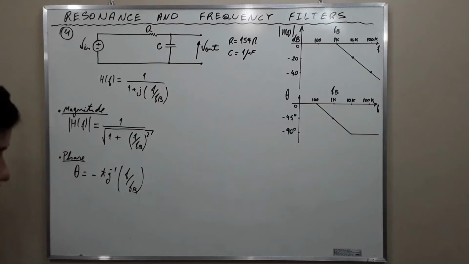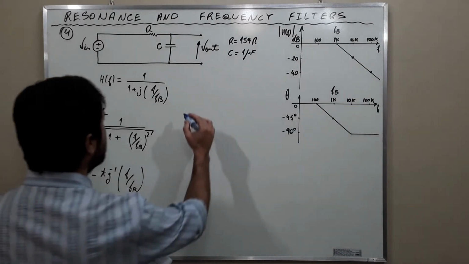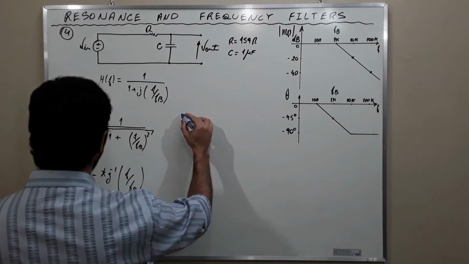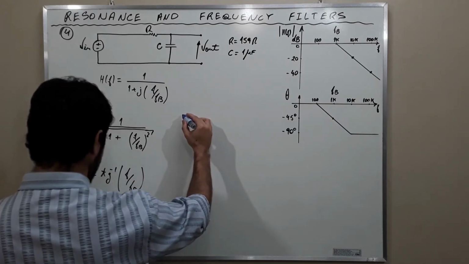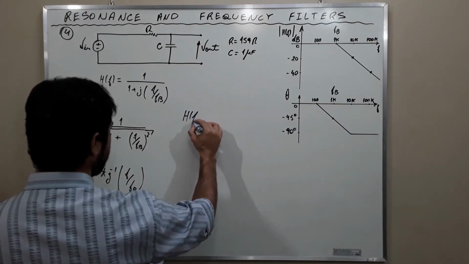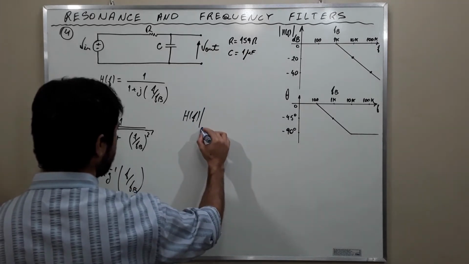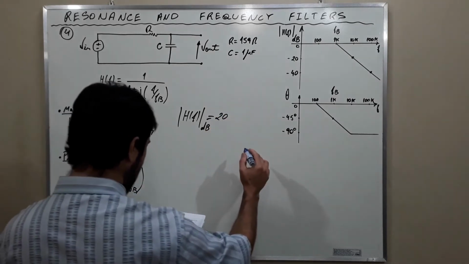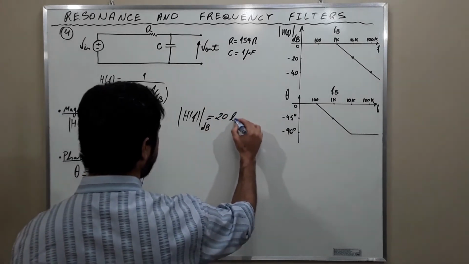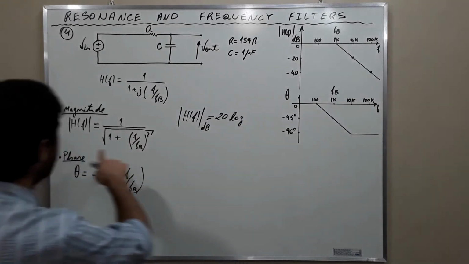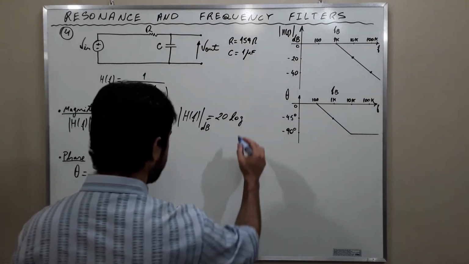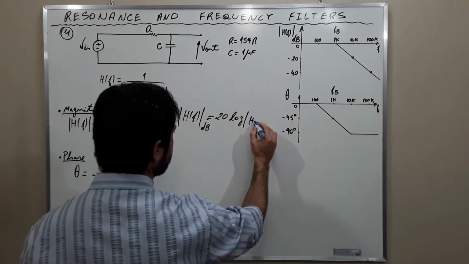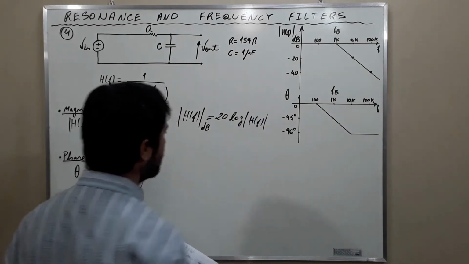Okay? For the Bode plots, we need to convert the magnitude to decibels. The magnitude in decibels is equal to 20 times the logarithm of this magnitude here. Okay?